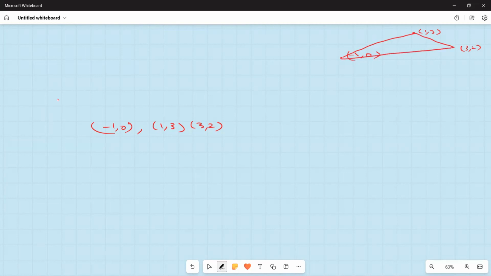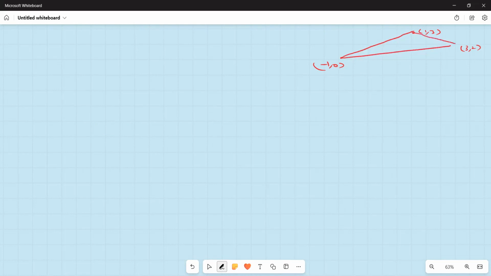For that, you need the equations also, na? Which you will integrate. So in these types of questions, if equations are given, then you need to find out the point of intersection. If the points are given, then you need to find out the equations. So this is (minus 1, 0) and (1, 3).